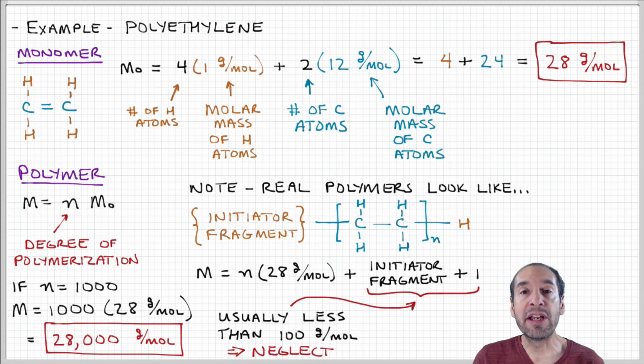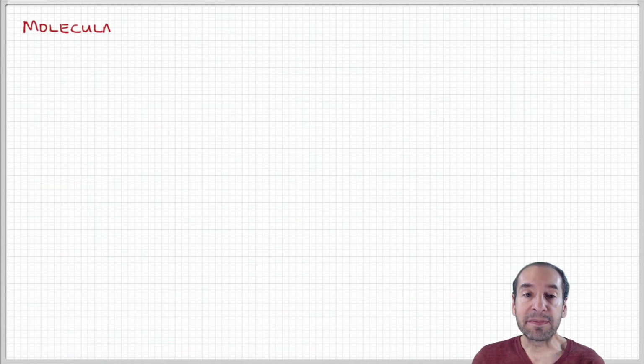We'll talk more about those factors when we discuss polymerization reactions, but basically these additional components are ignored because they're usually small, usually less than 100 grams per mole for these chemical groups. So out of the total molecular weight of a polymer chain, it's a very small fraction of the total amount, so these can be neglected, but they are there in practice.